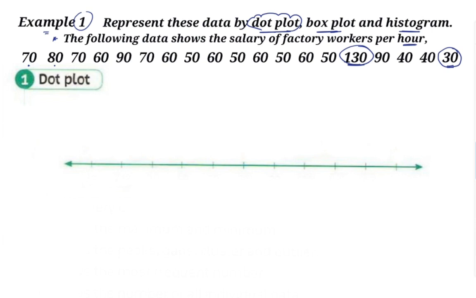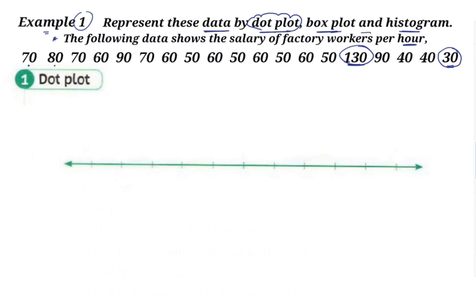Now we have example number 1. This example says: represent this data by using dot plot, box plot, and histogram. What is this data? The following data shows the salary of factory workers.